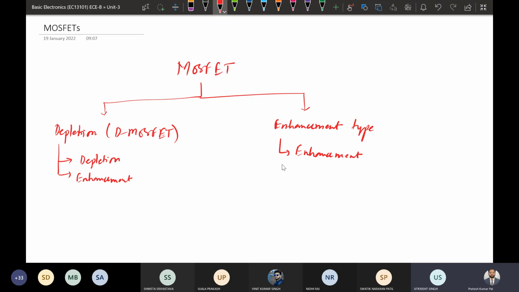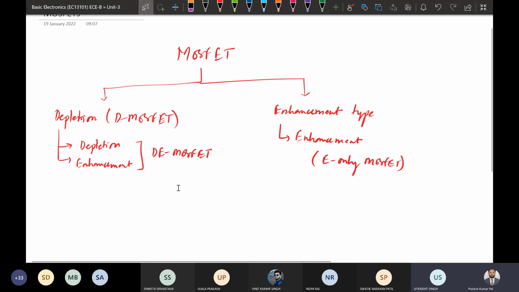That's why it is called E-only MOSFET. And the depletion type MOSFET can operate in both cases, so it is also called DE MOSFET.